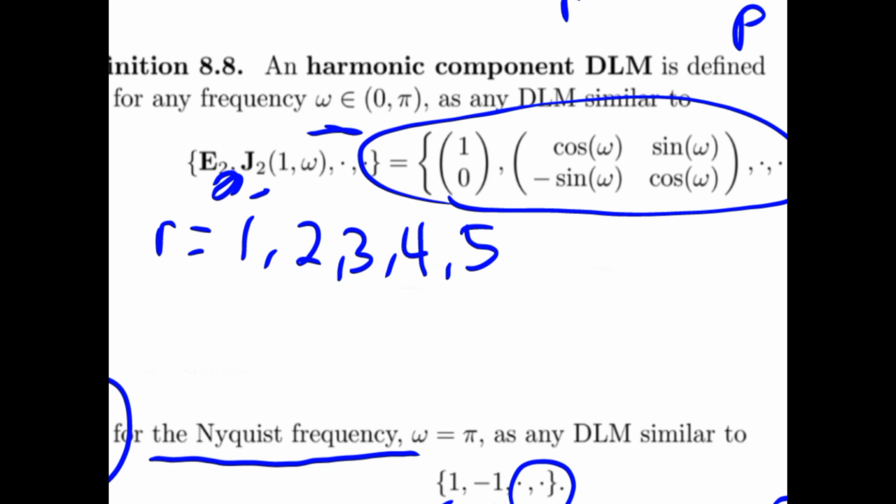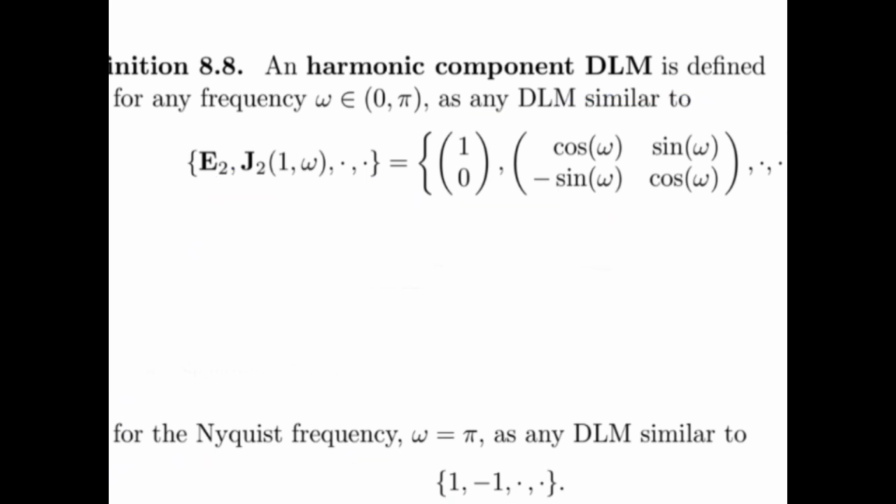So now if we want to combine all of them, by the way, the F factor here is defined as the F matrix in the general DLM definition that I have mentioned earlier. So if we want to combine all the harmonics, the F would be a concatenation of each harmonic.